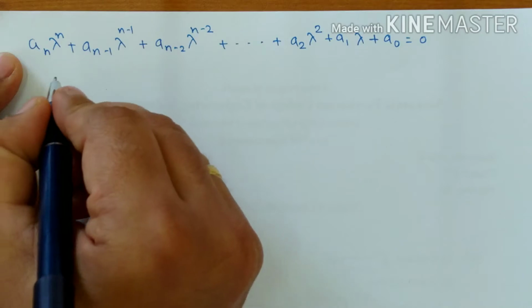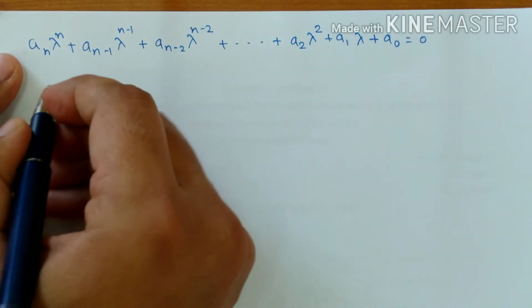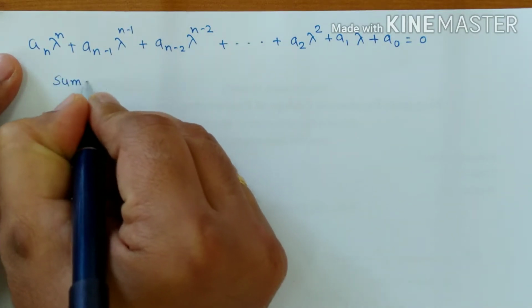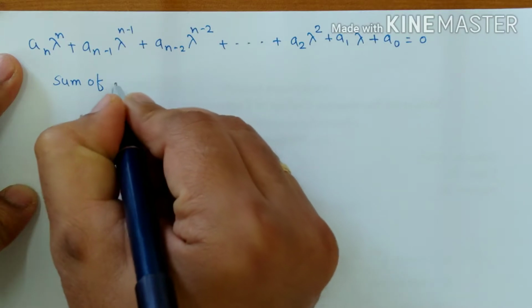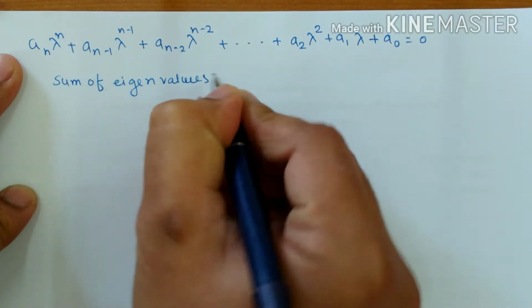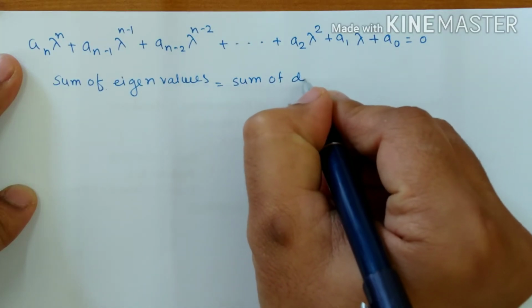Then the eigenvalues, that is the roots of this characteristic equation, give the following: the sum of eigenvalues is equal to the sum of diagonal elements.